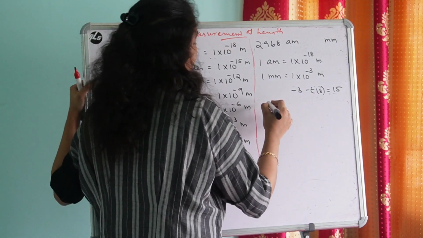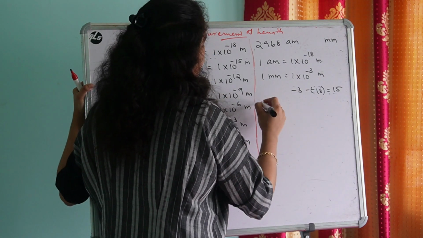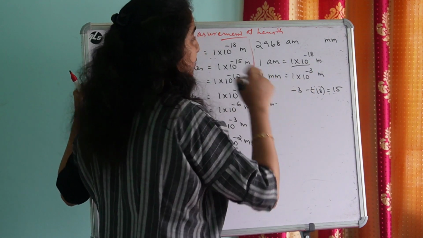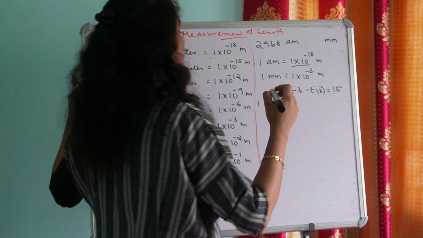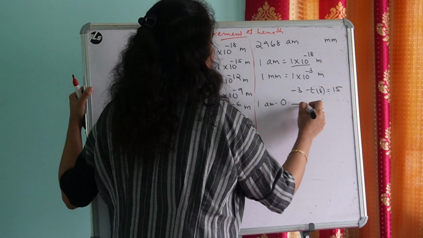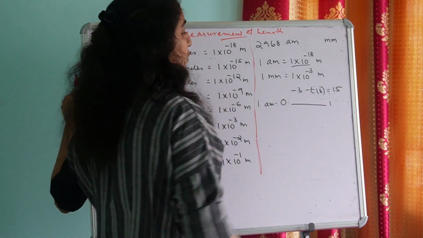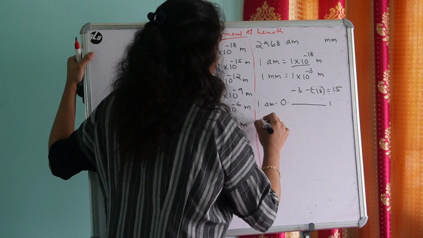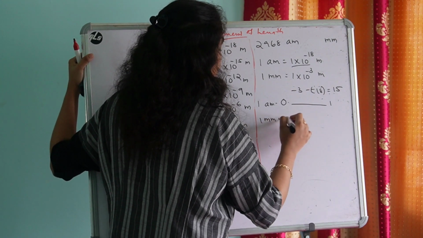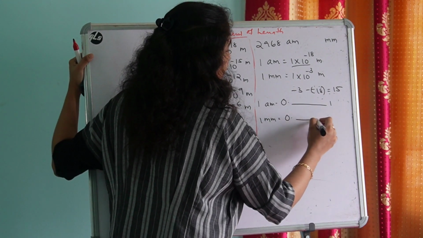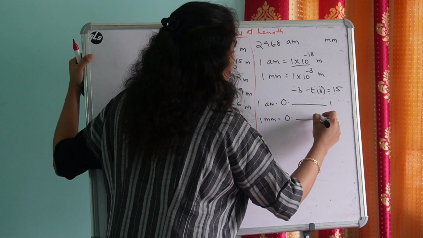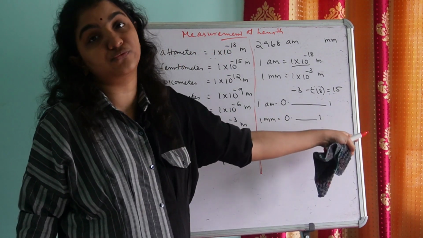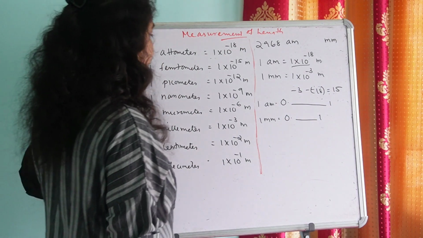We know 1 attometer is equal to 1 into 10 power minus 18, that is 0 point 17 zeros followed by 1. And 1 millimeter is equal to 0 point 2 zeros followed by 1, isn't it? Yes.